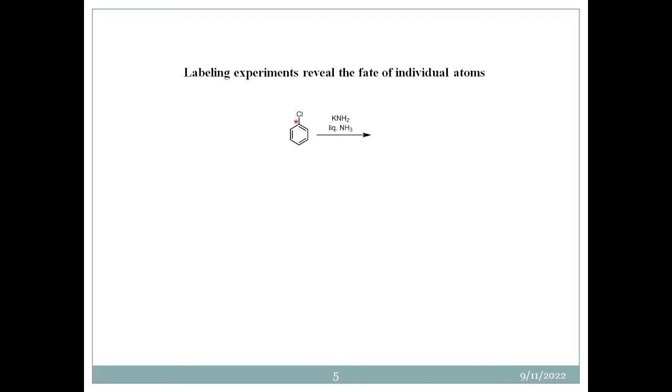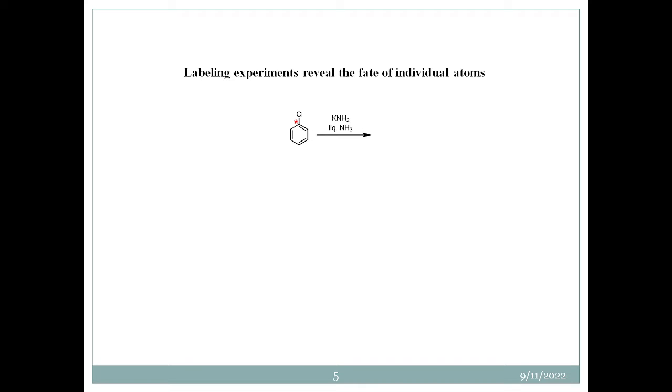So it is not only trapping the intermediate that is required to prove or disprove any mechanism. You can also do a labeling experiment. In the labeling experiment, we take the particular atom which is of our interest.